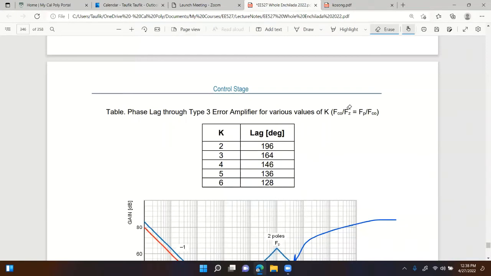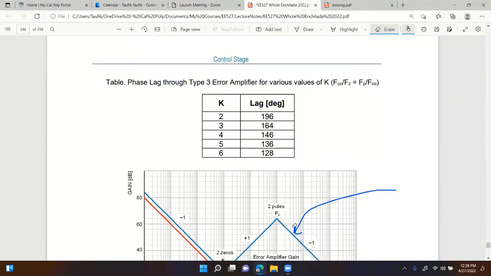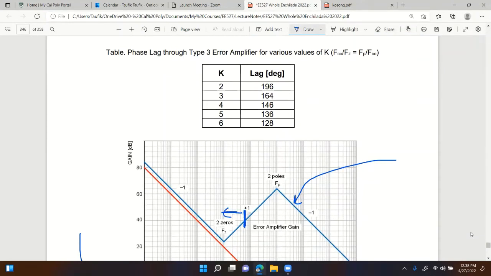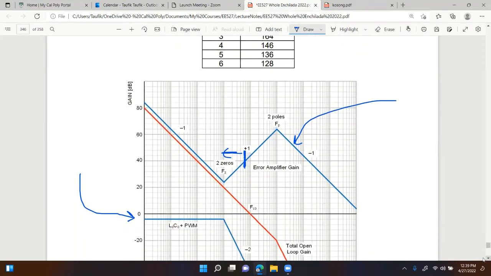The same equation, the same ratio. So again, depending on the ratio, which physically means how far you want the crossover frequency from the zero frequency. Let me scroll down.